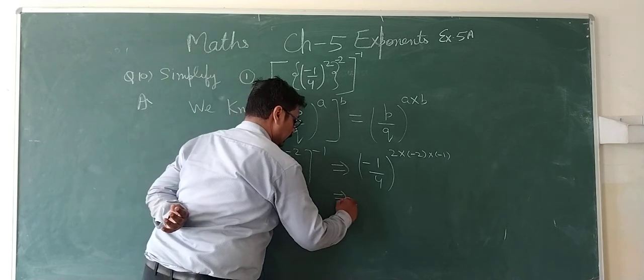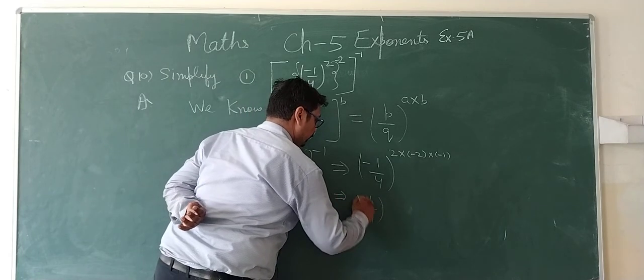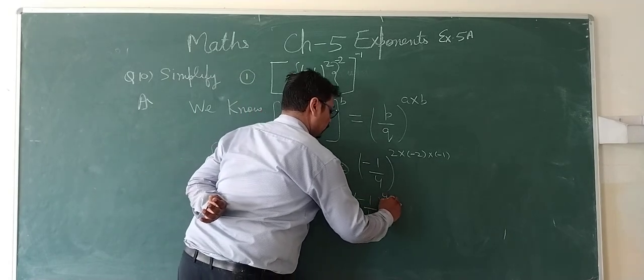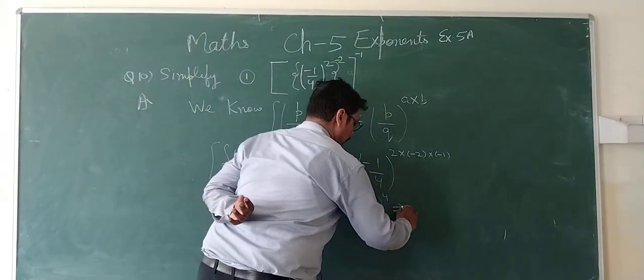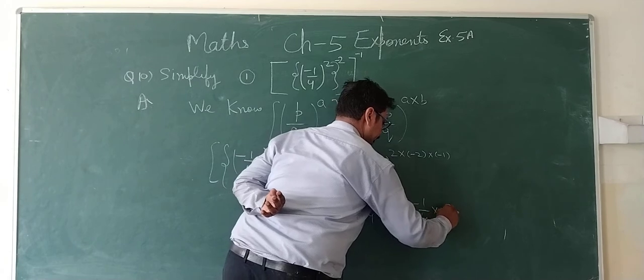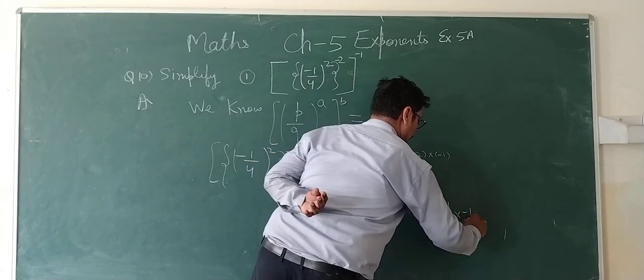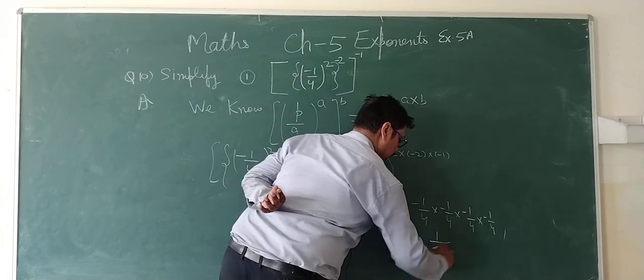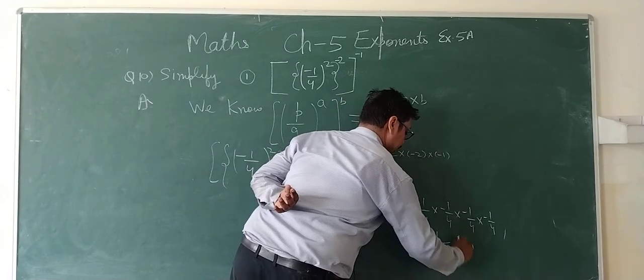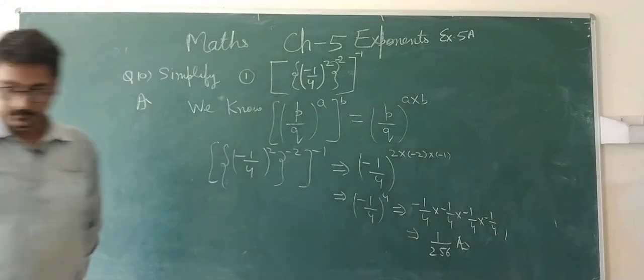It becomes (−1/4)^4. Now, on solving it, the value becomes 1/256. This is the answer.